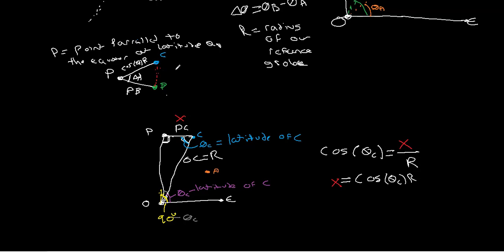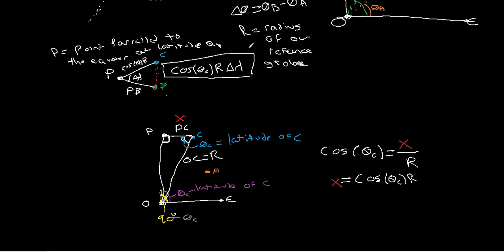So this is going to be equal to the cosine of the latitude of C, or the latitude of B since they share a latitude, times R. That's the length of the radius of this circle here, times the change in theta, or delta theta, which is the difference here between B and C.